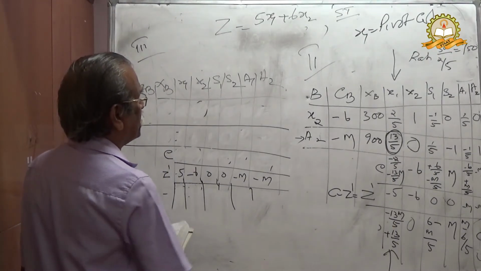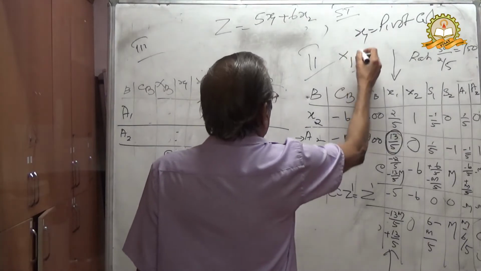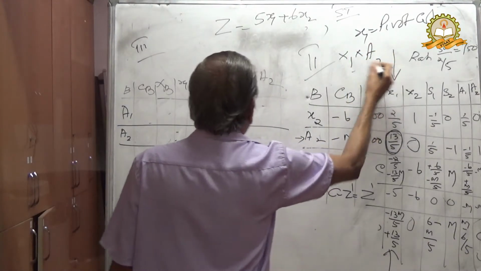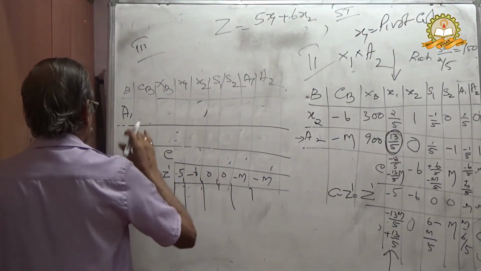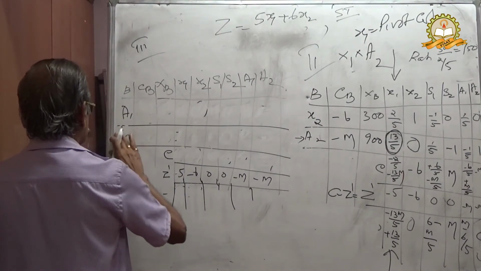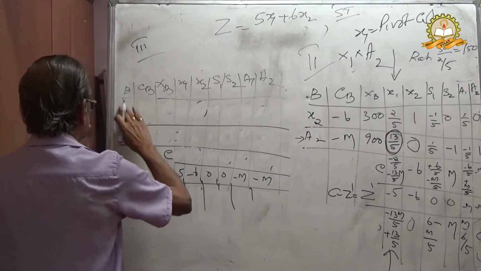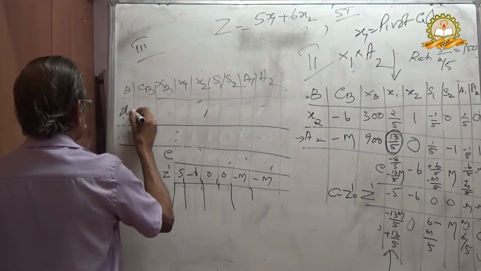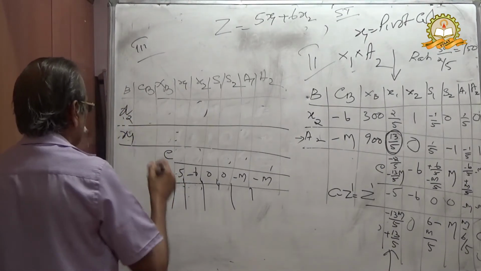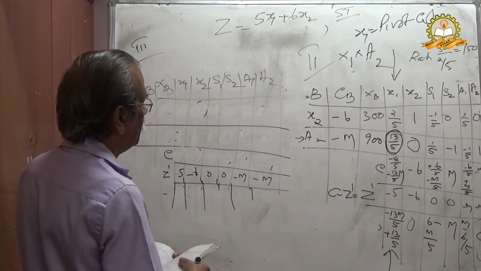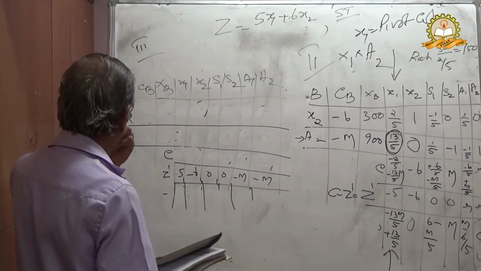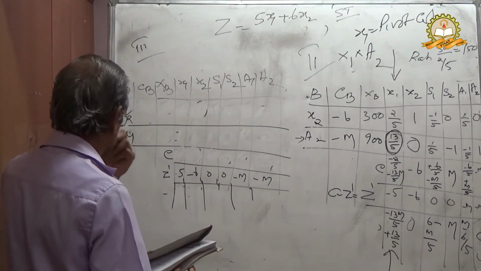And x1 and A2 intersect. Therefore row number 2 becomes x1.